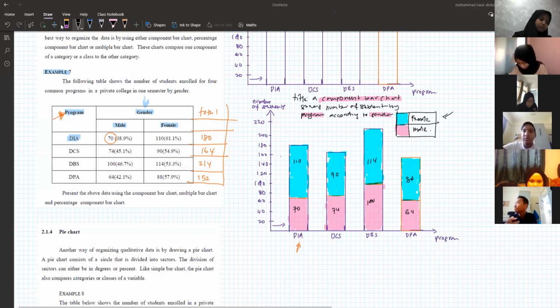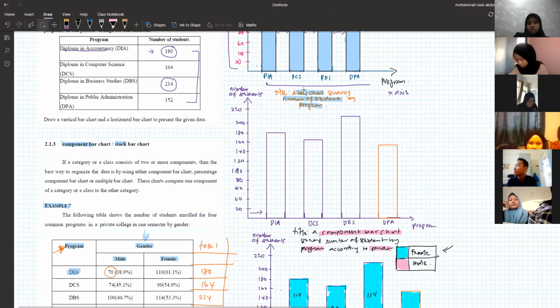Now let's look at another chart, which is a multiple bar chart or cluster bar chart.